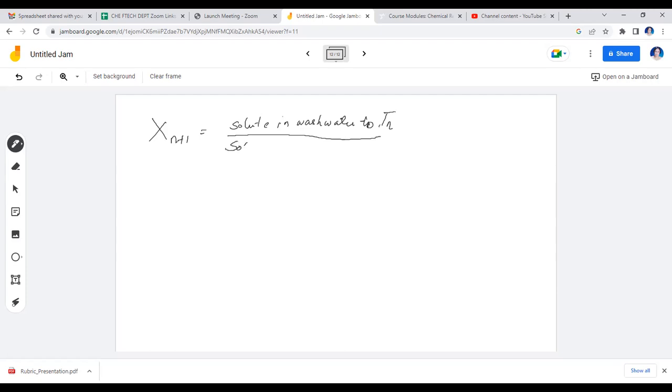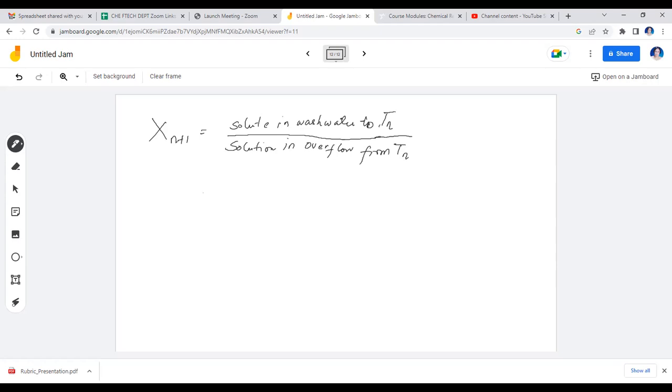Now, the denominator of this is, of course, still solution in overflow from Tn. The solution in the overflow from Tn, and this is the solute in the wash water to Tn. Okay, that is your x sub n plus 1.